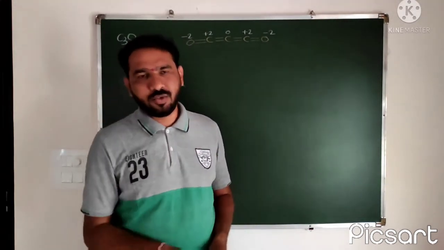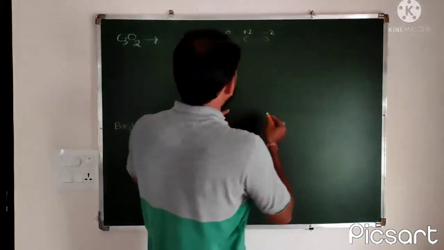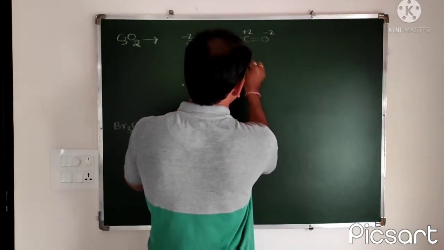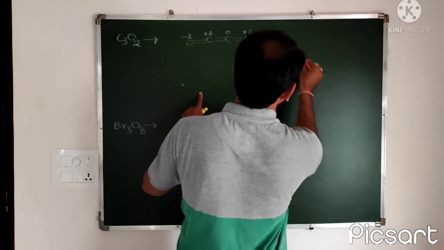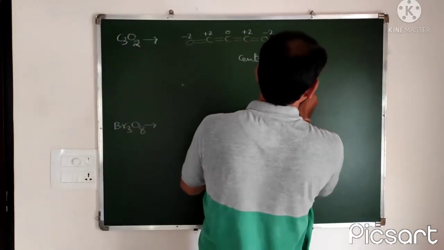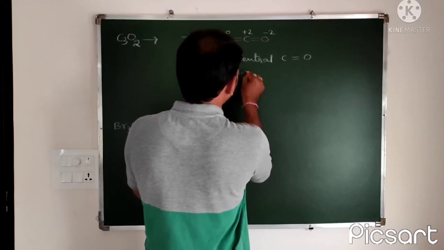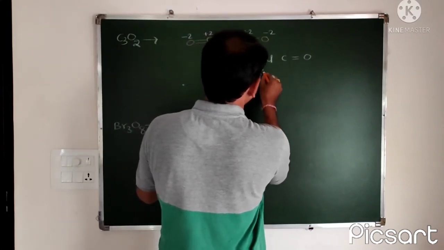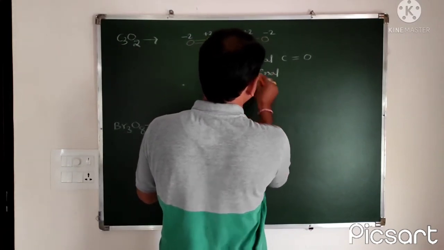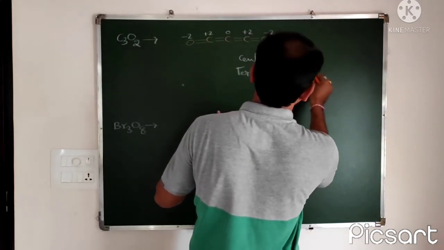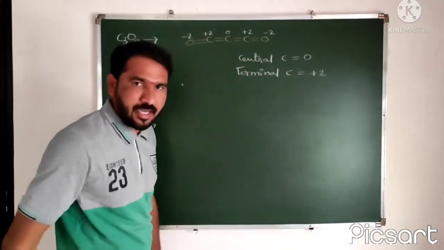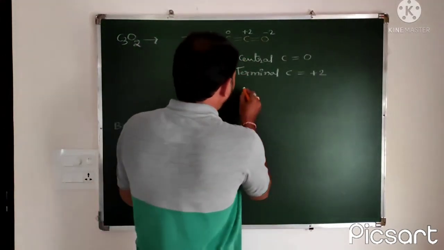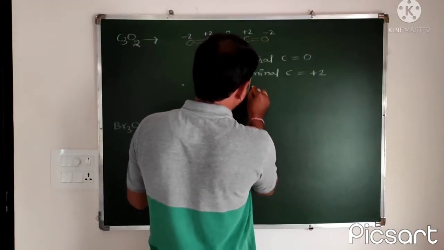Then related questions: in this molecule, the central C oxidation state is 0, and the terminal C oxidation state is plus 2. Here terminal means the end carbons, right?